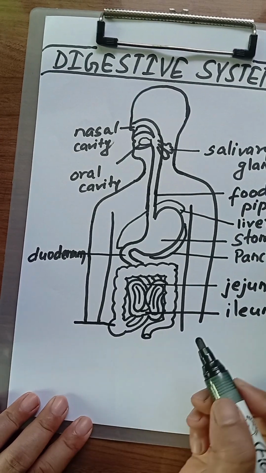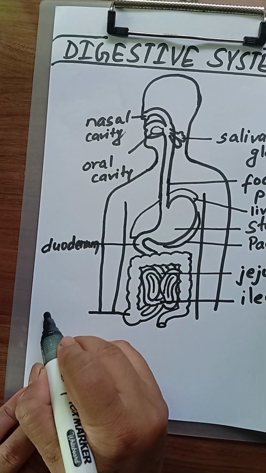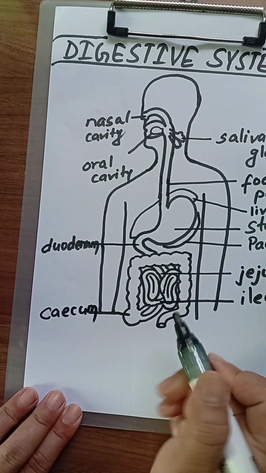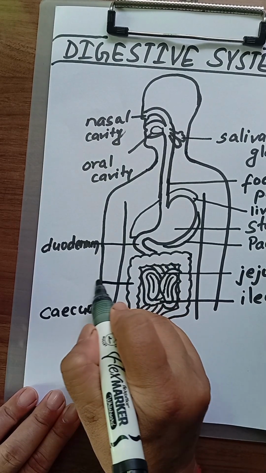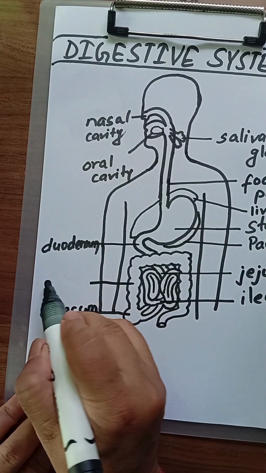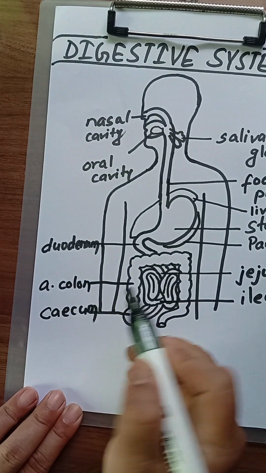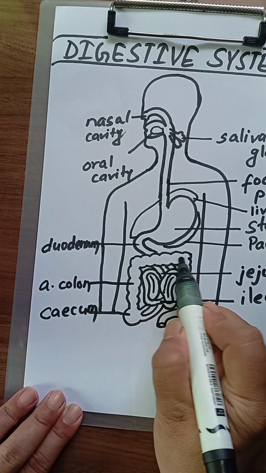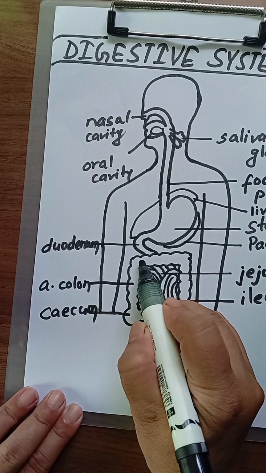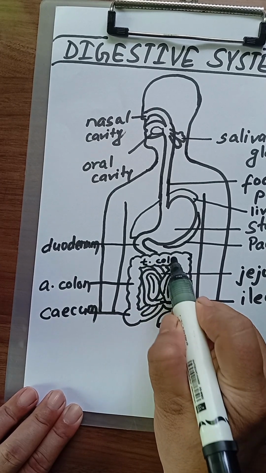From this sac-like structure, this is the first part of the large intestine and it is called cecum. This one is the colon part and it is moving upward, so it is known as ascending colon. This is running transversely just below the stomach and it is known as transverse colon.